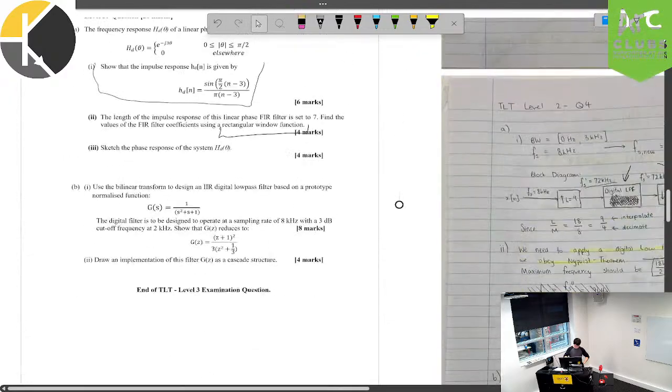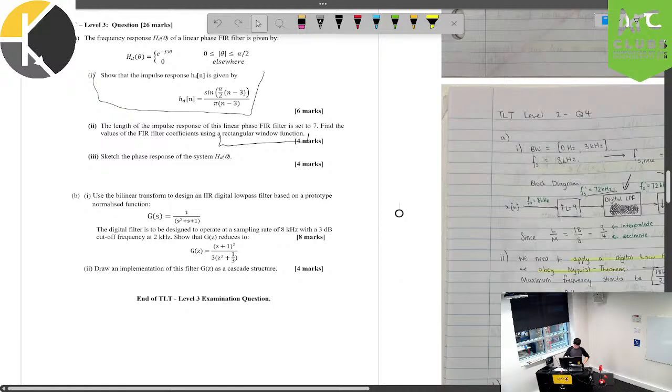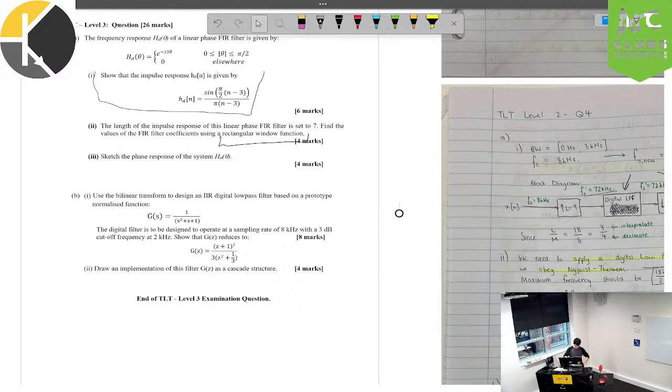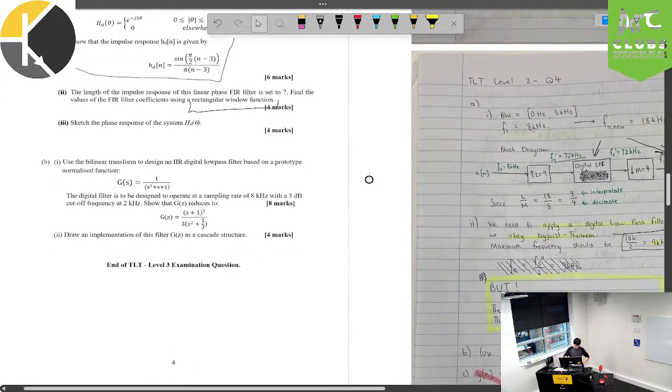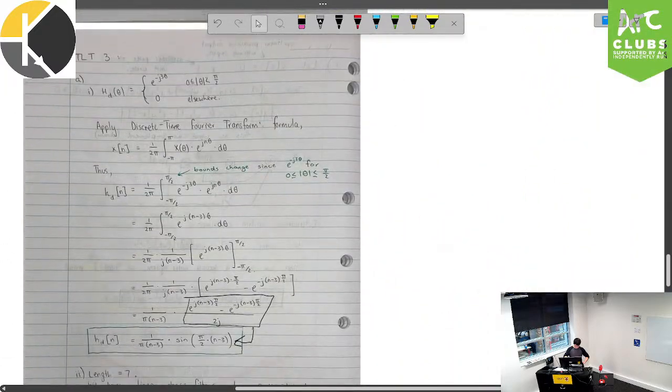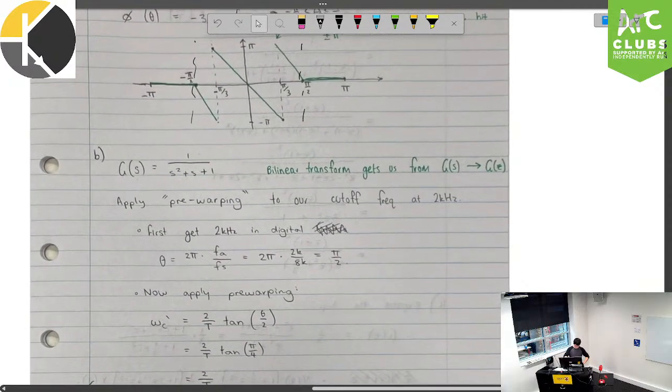Sorry. It has a cutoff frequency there. It looks like a low pass filter. Okay, so something we got to do is we go over here and we work with warping.